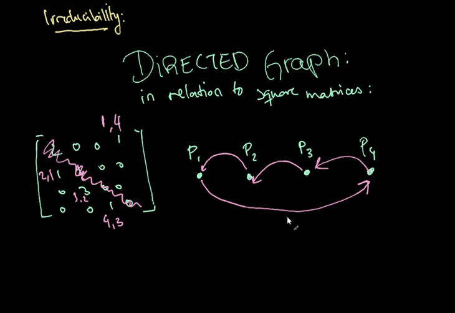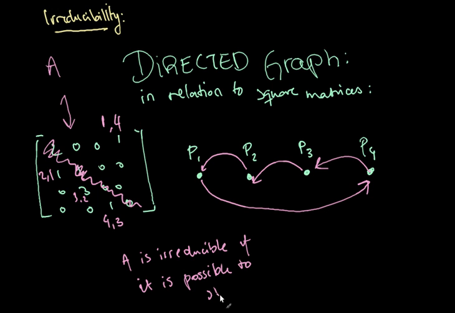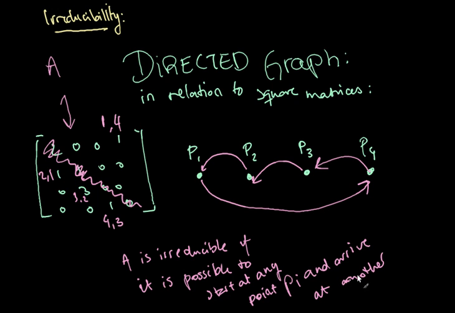Now, we say that A is irreducible if it is possible to start at any point Pi and arrive at any other point Pj by following directed curves.